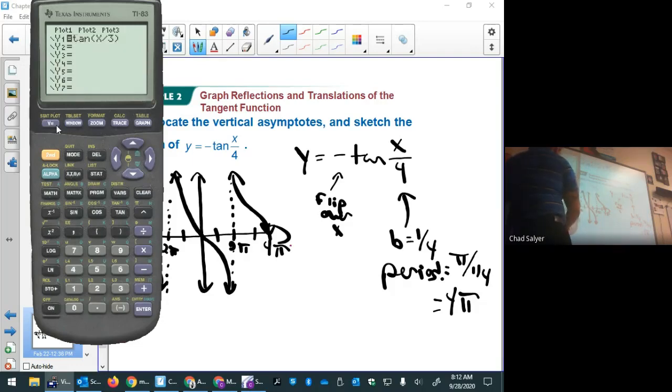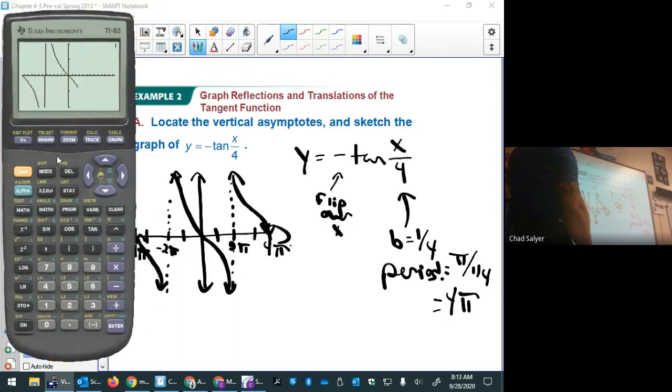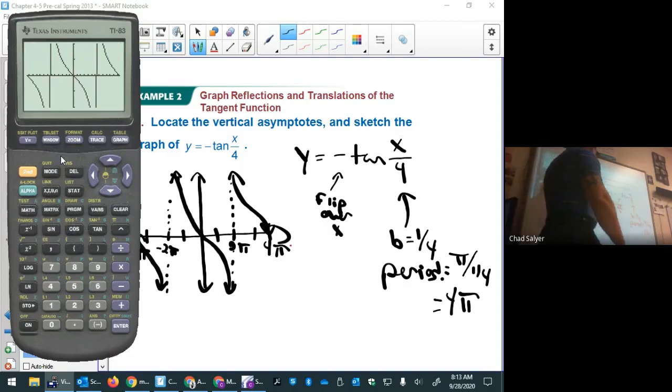So we need negative tangent of x over 4. The window needs to go from negative 4 pi to 4 pi. Like I said, double check. It's easy to get these things mixed up in your head. Even for me, and I'm a very visual person. Graphs are what make most sense to me in all of mathematics.